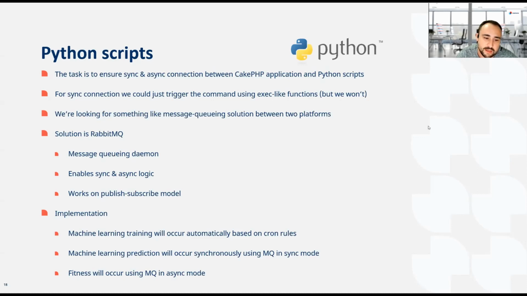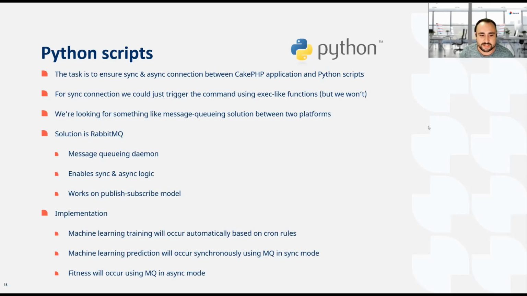It enables synchronous and asynchronous logic, so it's ideal for our use case. And it can work on publish-subscribe models, so it's easy to send something and wait for the reply. It can ping you back when the result is available, and so on.